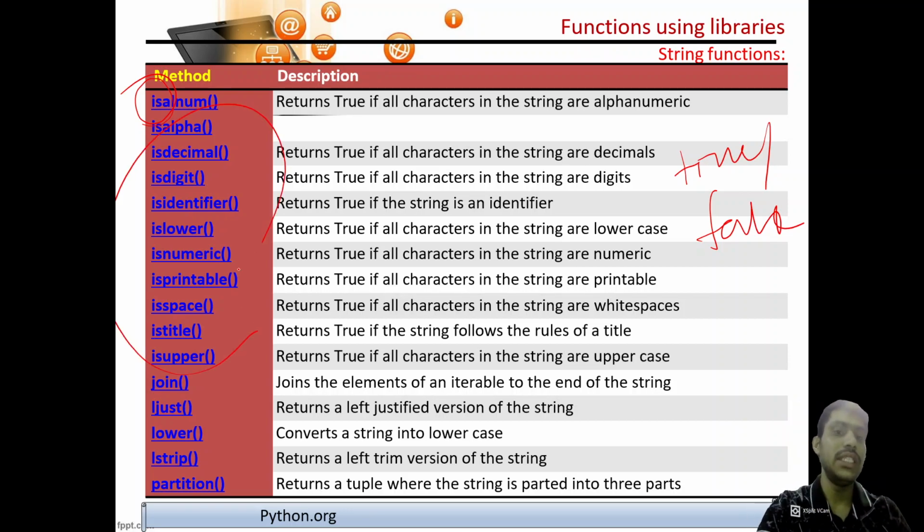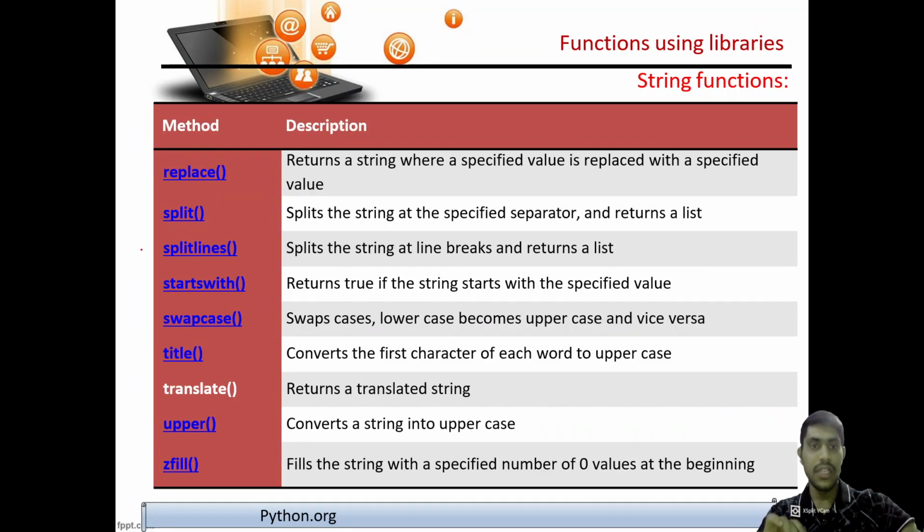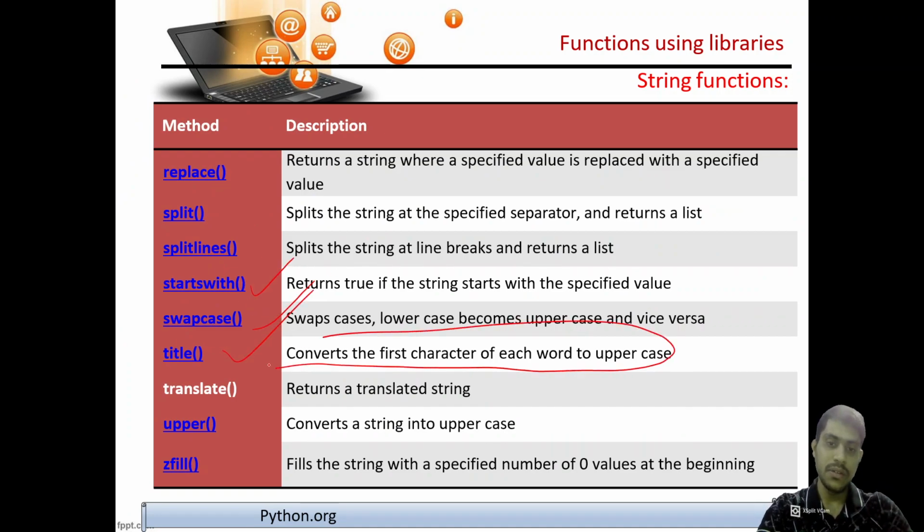Then replace, split, startswith, upper, and title, which converts the first character of each word to uppercase. Translate returns a translated string.